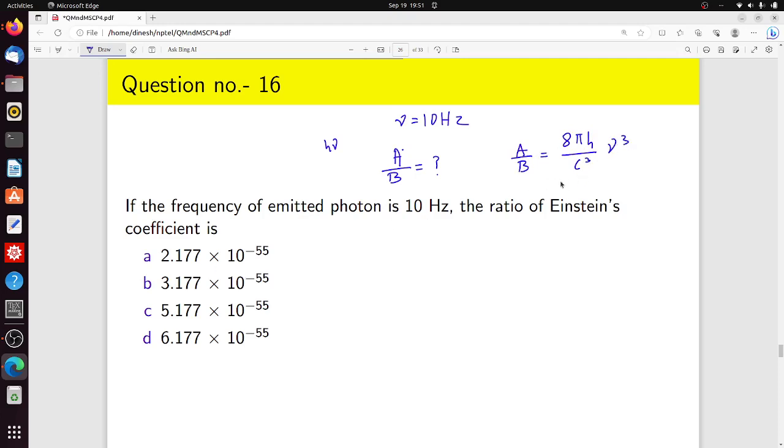Everything is given, just calculate and tell me the answer. Take c as 3 into 10 to the power 8 meter per second. You know the value of h, Planck's constant, and pi is a constant.